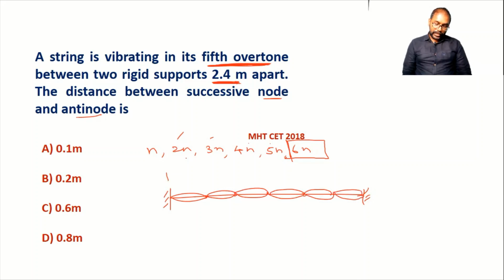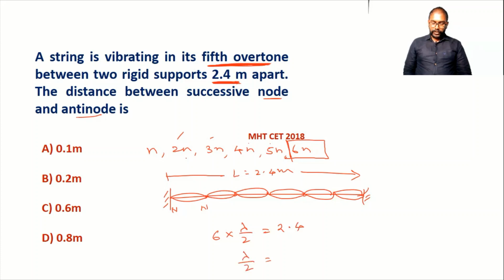The total length is 2.4 meter. Here this is a node and this is a node. So how many loops? 6 loops. So 6 multiplied by the length of one loop, which is lambda by 2, is 2.4. So lambda by 2 is equal to 2.4 by 6, which comes to 0.4. And the distance between node and antinode is lambda by 4.